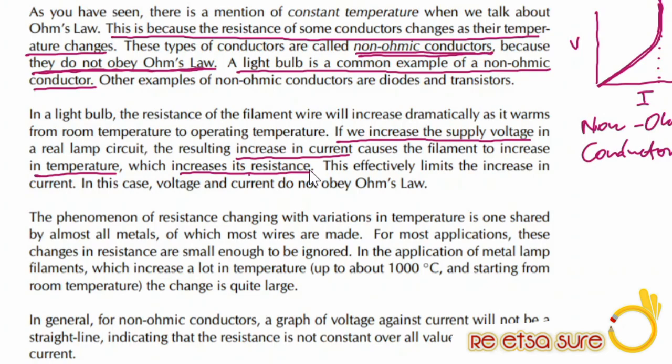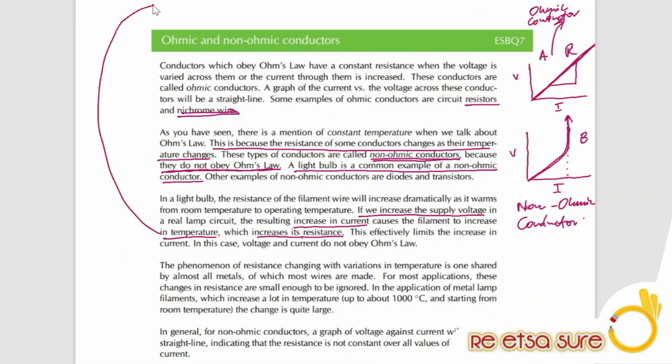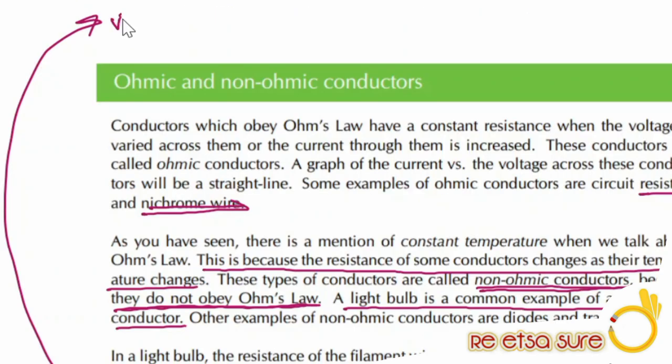Now let's check. V increases. Current increases. Remember in Ohm's law, R must be constant. But now check. They are saying that the temperature is also going to increase. That will result in increasing the R.